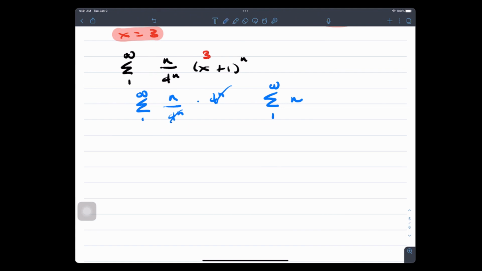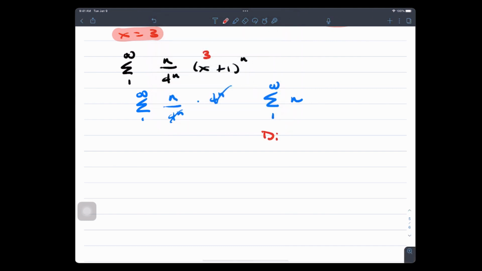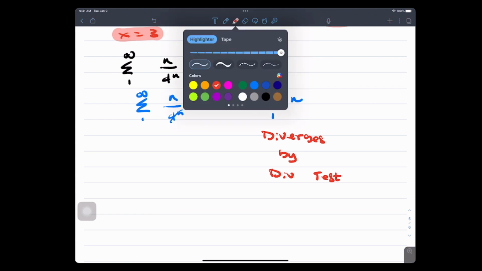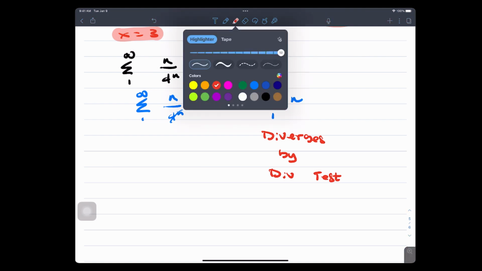Is this finite? This also what? This diverges. Why does it diverge? But what does it diverge by? By the divergence test. So this is all full circle, ladies and gentlemen. Divergence test is something that comes back.